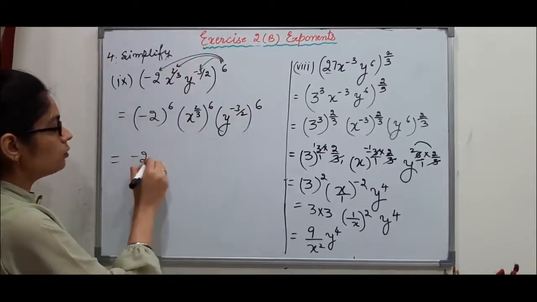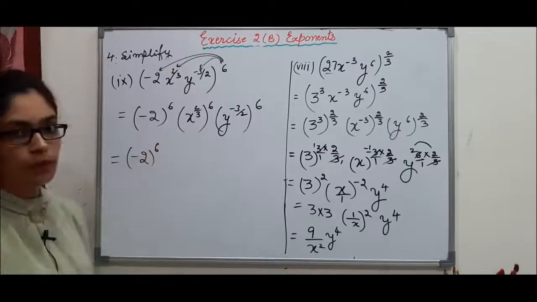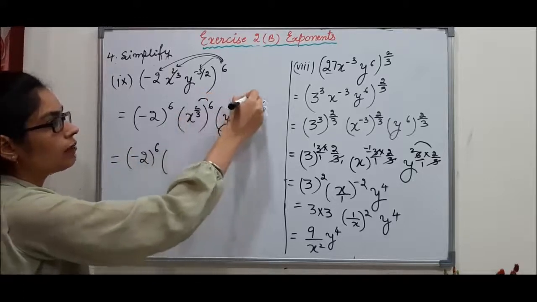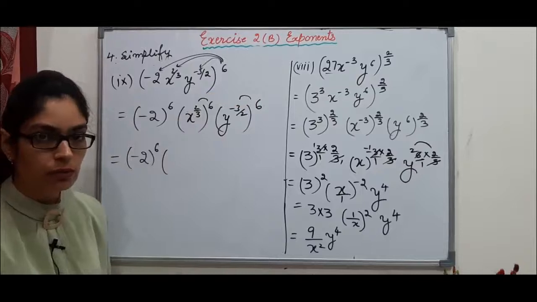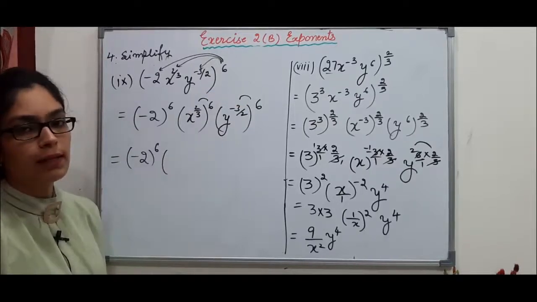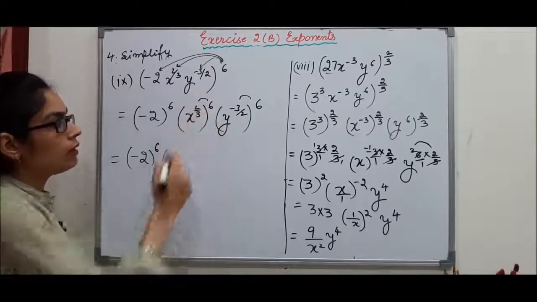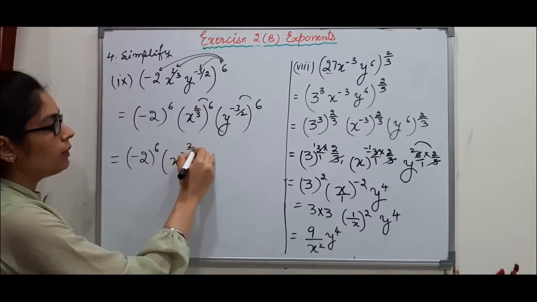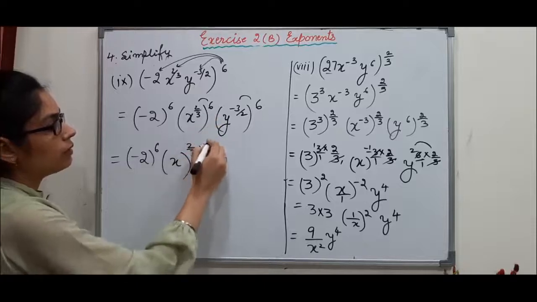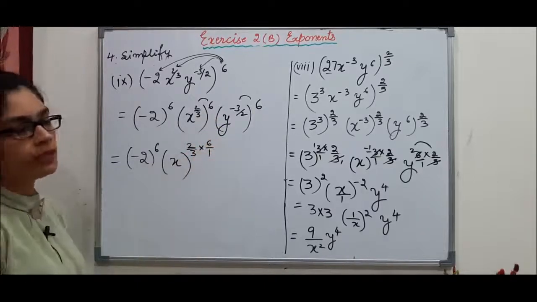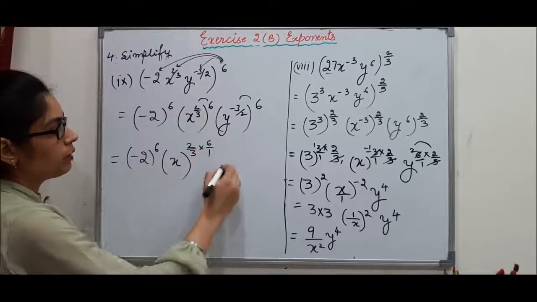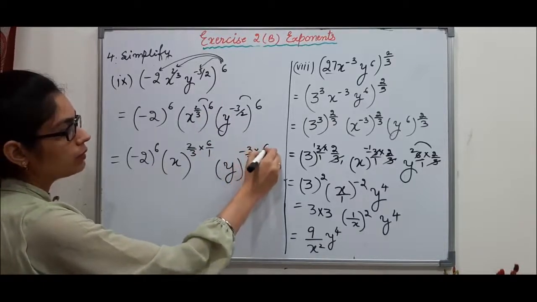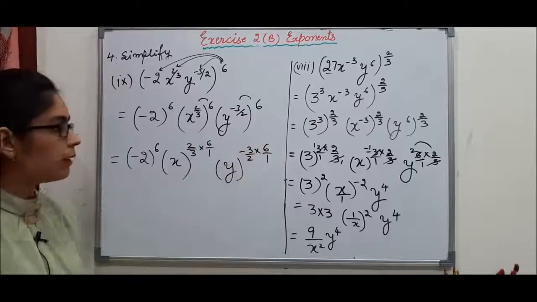So minus 2 to the power 6, we cannot do anything, so as it is we can write it, but here two powers are there with x also and with y also. When we have two powers together, we can multiply those two powers and convert them into a single power. So x to the power 2 by 3 into 6 by 1. 6 we can write as 6 by 1. Y to the power minus 3 by 2 into 6. 6 we can write as 6 by 1.